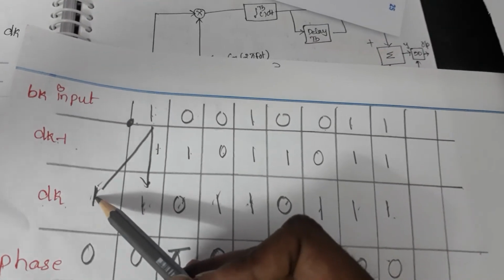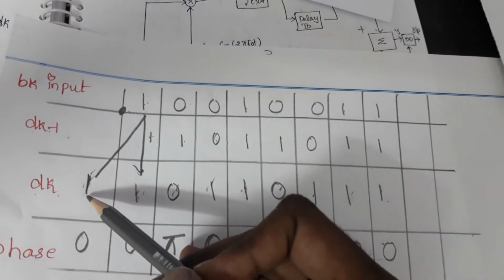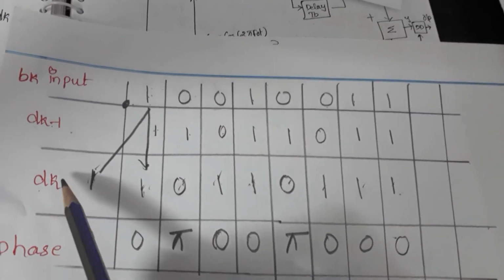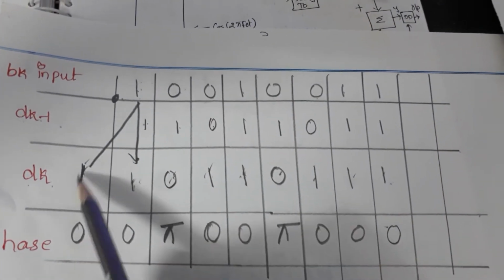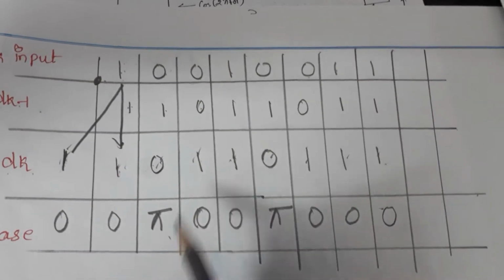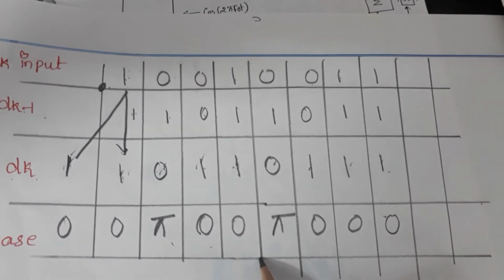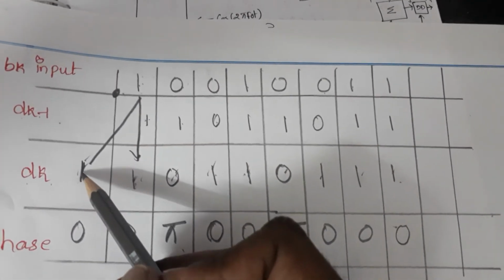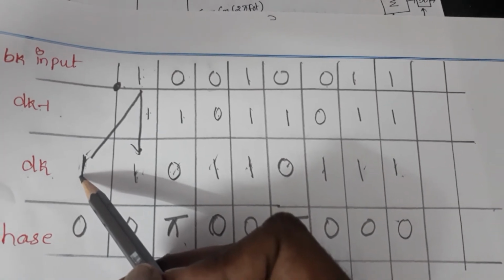And remember, this can be 1 or 0. You can start with any value. Now when I say DK, then phase. 1 means 0, 1 means 0, 0 means pi, a 180 degree phase shift. Correct? And remember that this is the previous value that is stored in the delay.